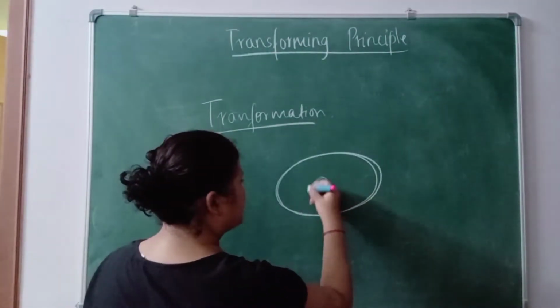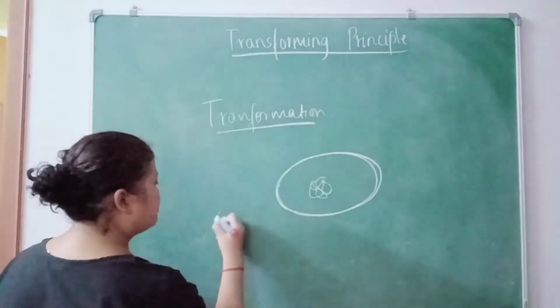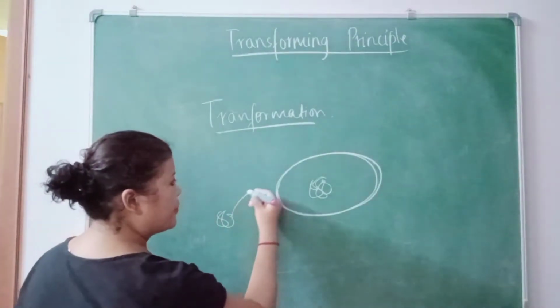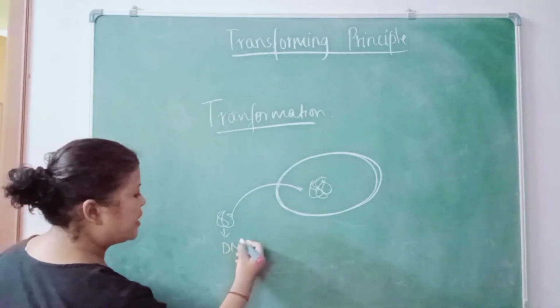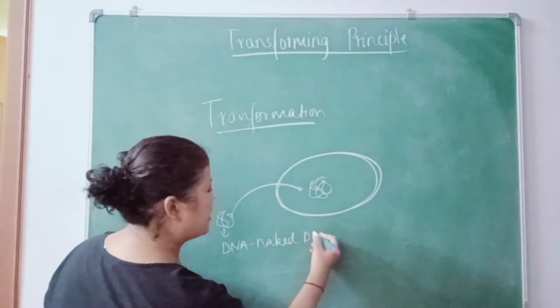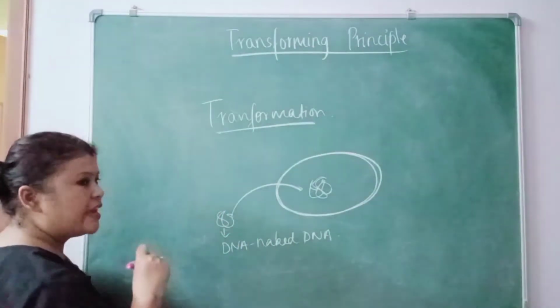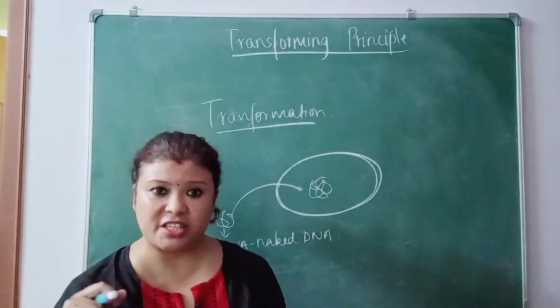Here we have a bacteria. This particular bacteria will pick up naked DNA. This is just the DNA and it is referred to as naked DNA because this DNA was the result of the lysis of another bacteria.